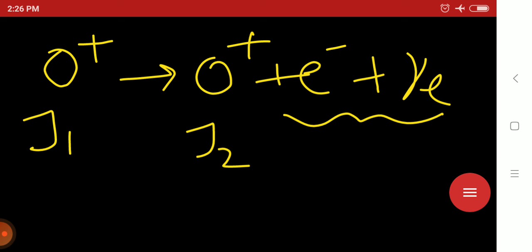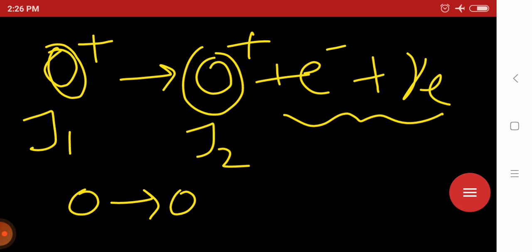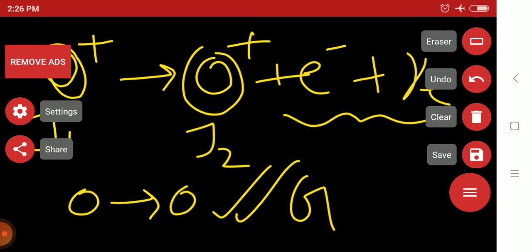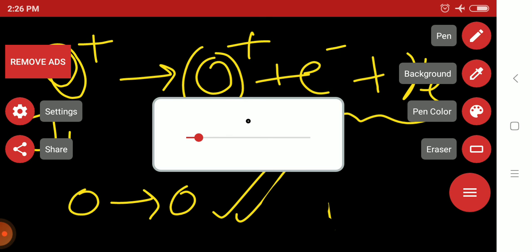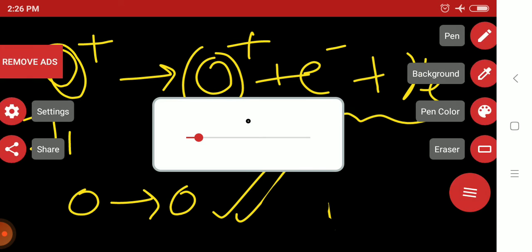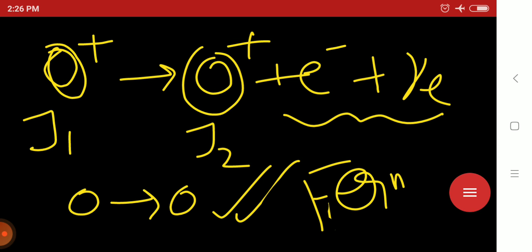So electron and neutrino both are emitted, meaning whether it is allowed Fermi transition or allowed GT transition, but what will that be? Here J value is 0, J value is 0, that means a 0 to 0 transition is occurring, right? So a 0 to 0 transition occurring means it will be a Fermi transition.